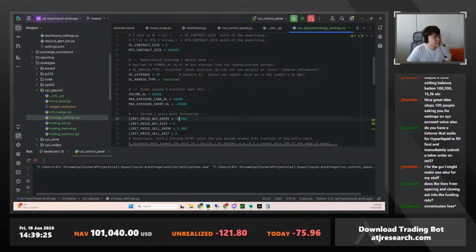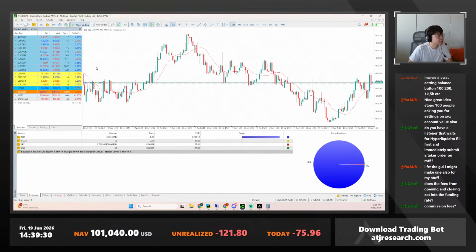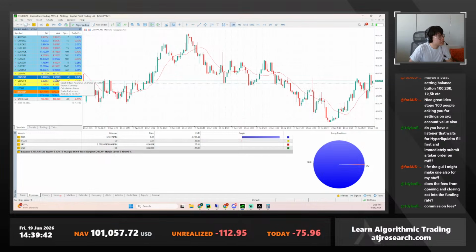So actually, 0.02 is a lot, right? It is a lot because if you look at the FX precision on GBPUSD, we are up to 5 decimal places in precision. And to break even, you need to make like 0.001. And we're making like 20 times the amount.